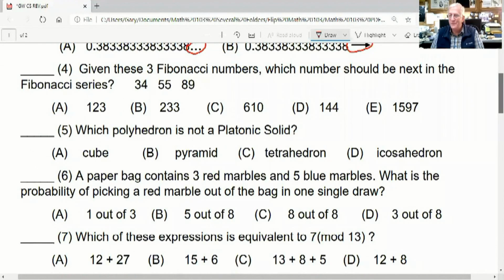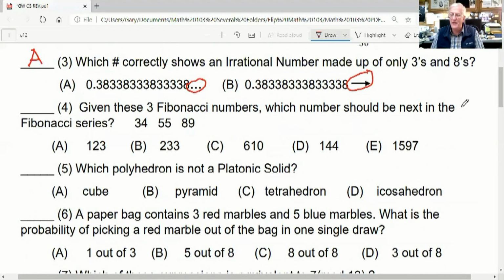Let's go on. Given these 3 Fibonacci numbers, which number should be next in the Fibonacci sequence? See if you can put down what the answer would be. Well, if you recall, the Fibonacci sequence is generated by taking the previous 2 Fibonacci numbers and adding them together to get the next one, right?